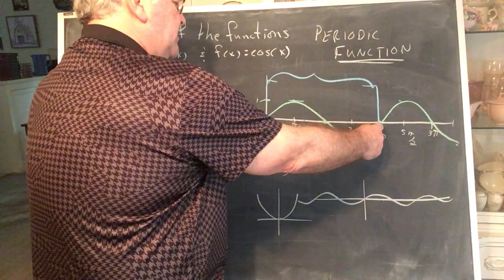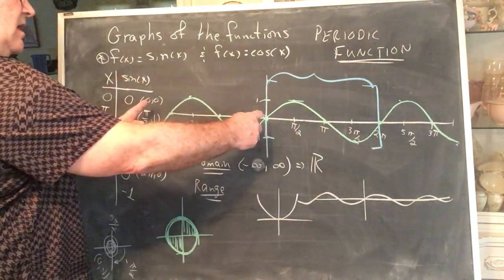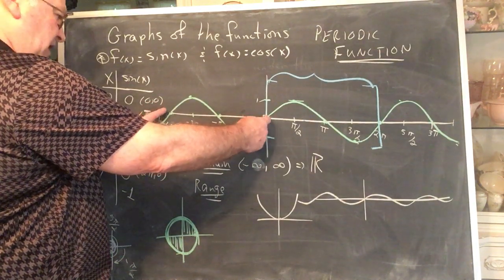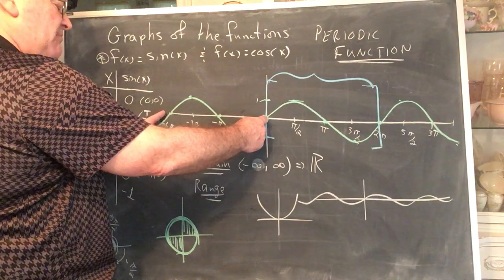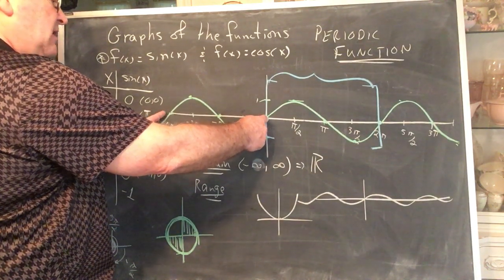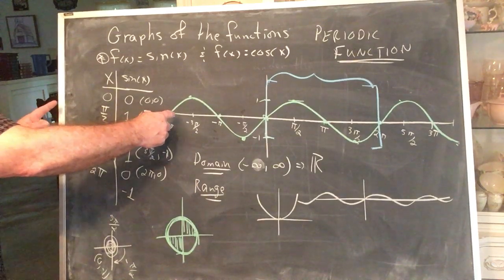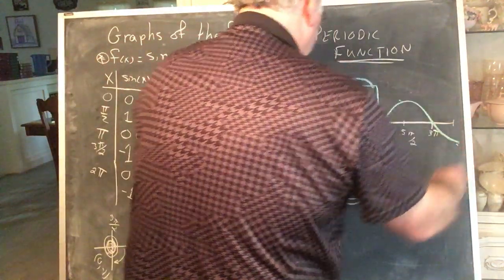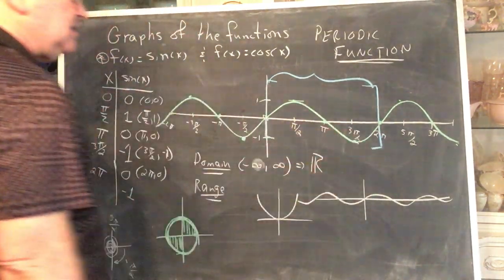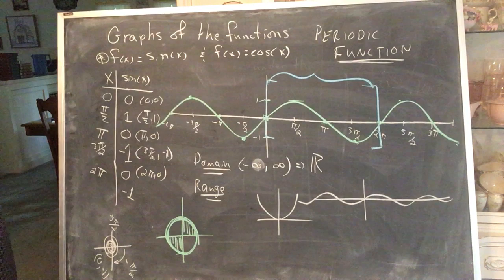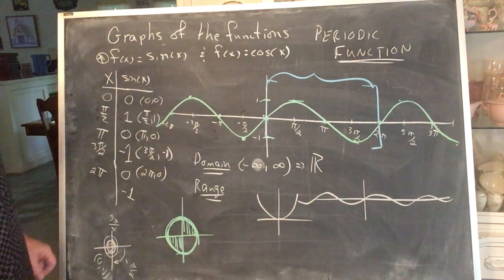If I take this piece of this green picture, cut it out, pick it up, move it over here, and put it back, within the limits of my badly drawn picture, it is precisely the same graph. It matches precisely. Pick it up, move it over here, it would fit precisely. If there is a finite distance over which the function exactly repeats itself, it is called a periodic function.